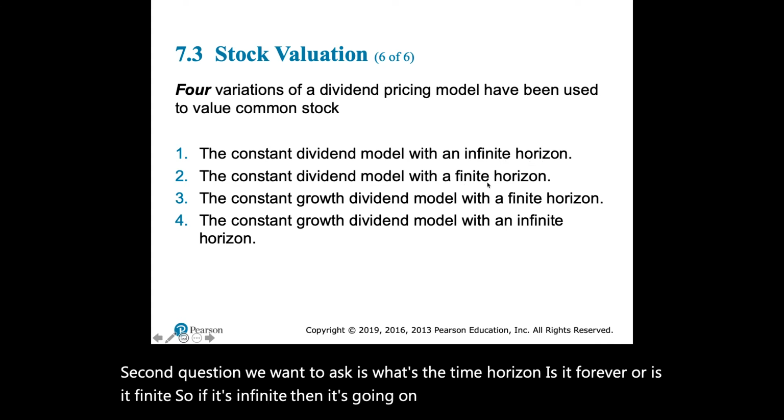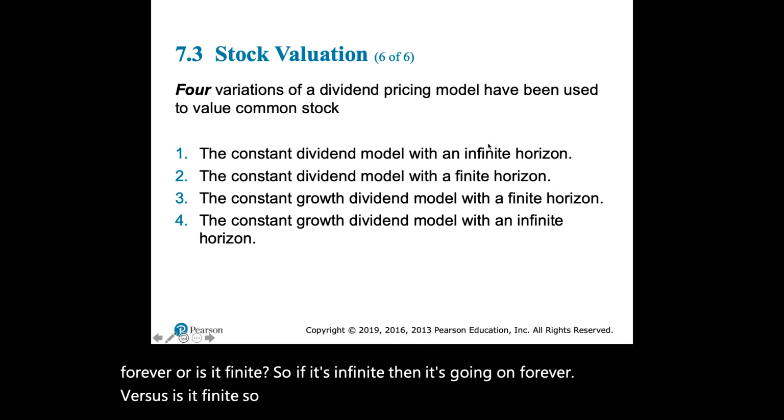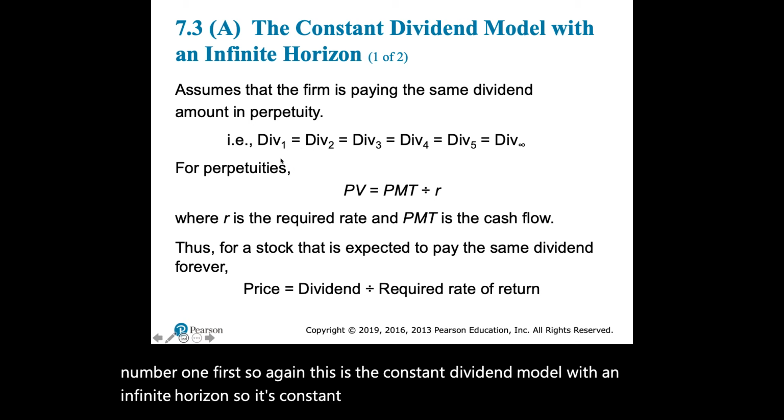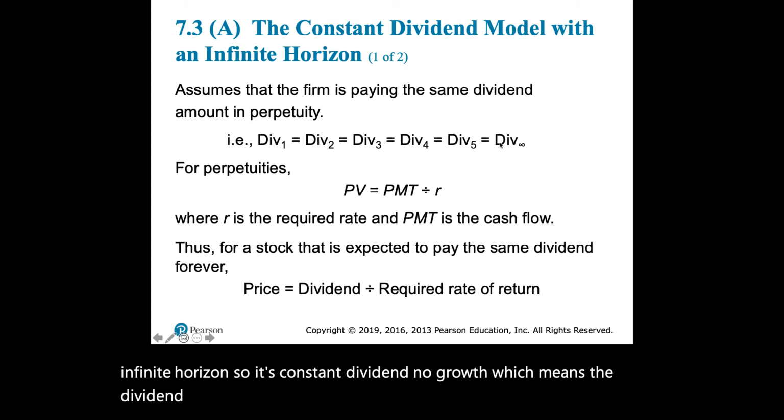We'll take a look at number 1 first. This is the constant dividend model with an infinite horizon. It's a constant dividend, no growth, which means the dividend after year 1 is similar to the dividend after year 5 to year forever. It goes on forever, and the dividend does not increase.